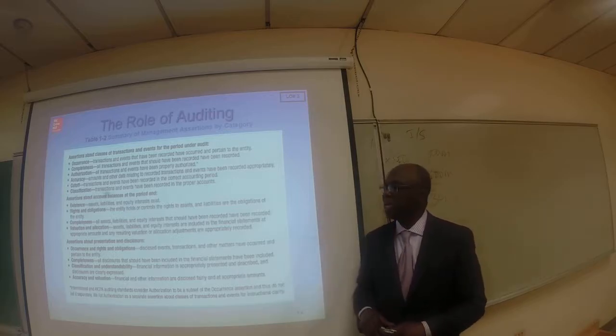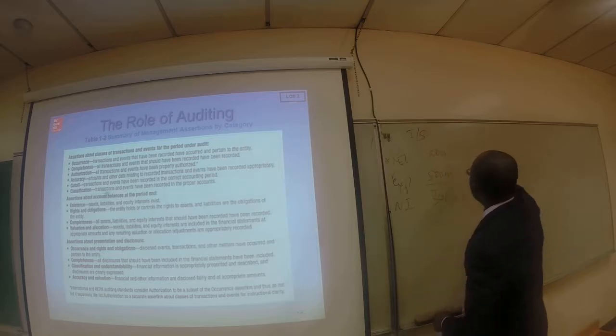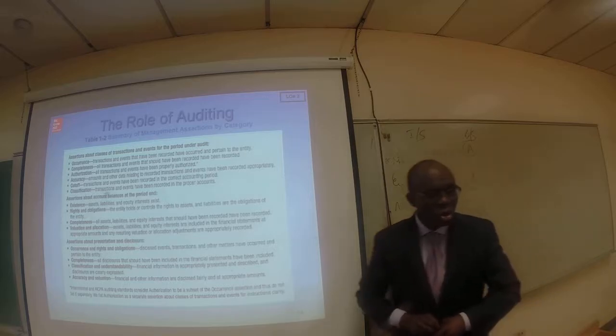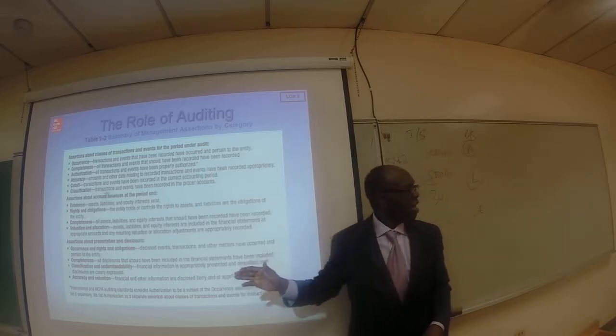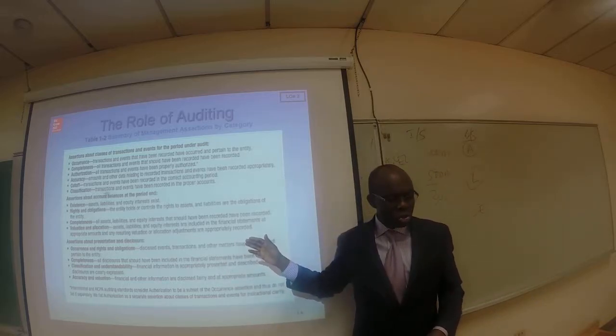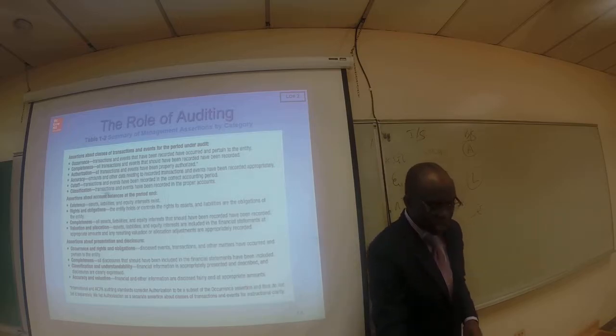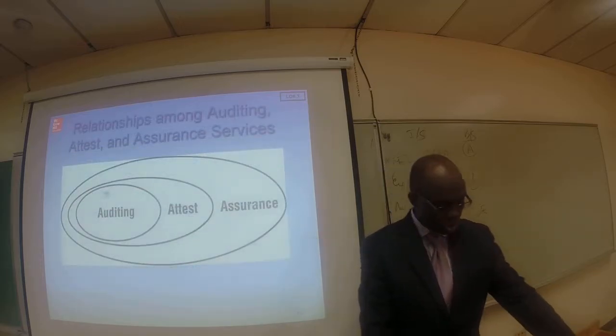So management is making a lot of claims, and those claims are reflected in all the financial statements, be it the income statement or the balance sheet. Again, like I said, management assertions is very important, and we are going to talk about this in great deal as time progresses.